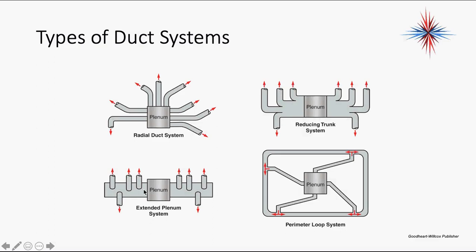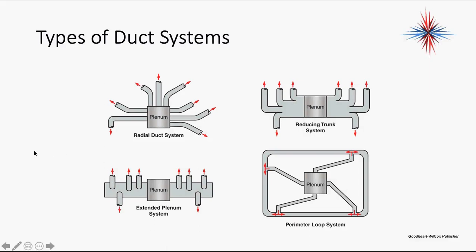But again, we still have problems with extended plenum systems. The runs on the end are going to have airflow problems. So if this top left one is going to your master bedroom on one side of the house, and the first outlet next to the plenum is going to a kid's bedroom in another portion of the house, the master bedroom has the thermostat usually right outside the door.